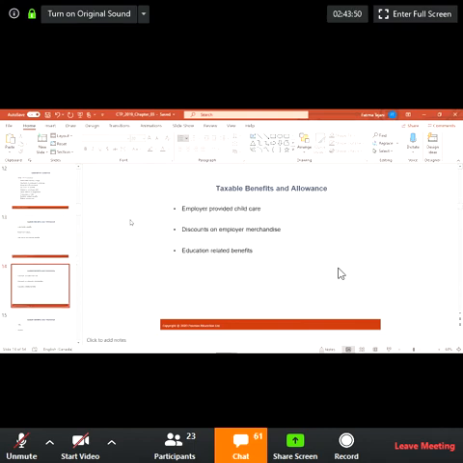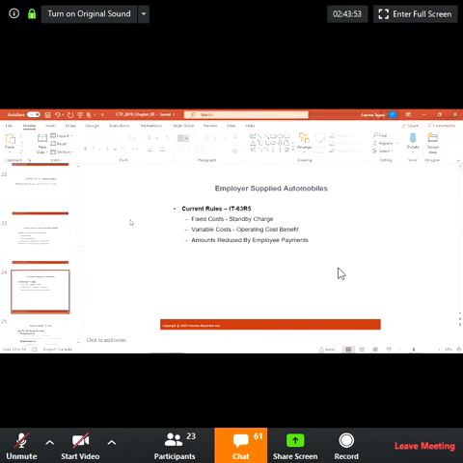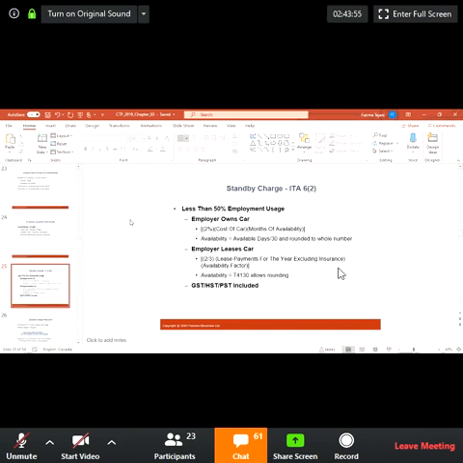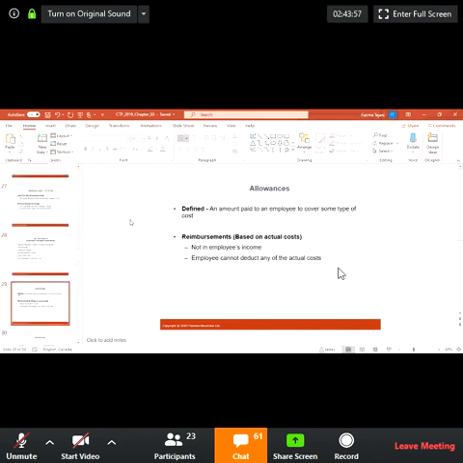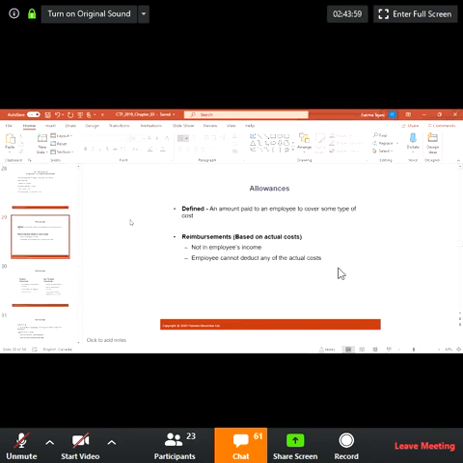Now, we were talking about employer-supplied automobile, standby charge, and operating allowances. Guys, there's a difference between allowances and reimbursement. An allowance is a fixed amount paid to cover some type of cost. In case of reimbursement, once you incur the cost, you give the receipt. That's the actual cost and the employer will pay you accordingly.